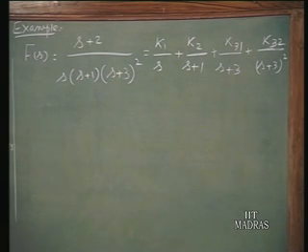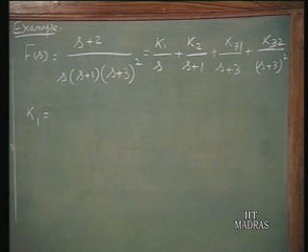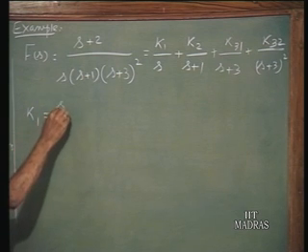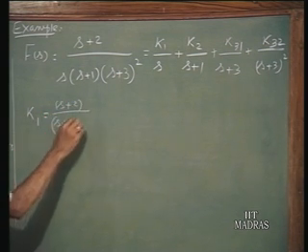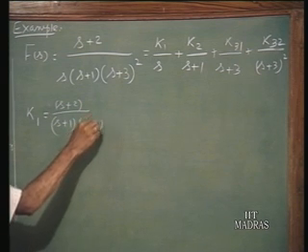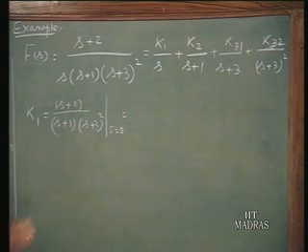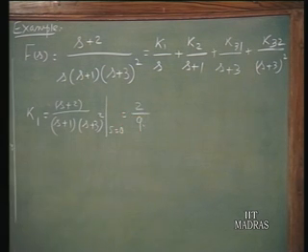Now to find K1, we proceed in the same straightforward fashion: multiply this by s and substitute s equals 0. Therefore s plus 2 over s plus 1 times s plus 3 whole squared, with the substitution s equals 0, gives the value 2 by 9. No problem at all.